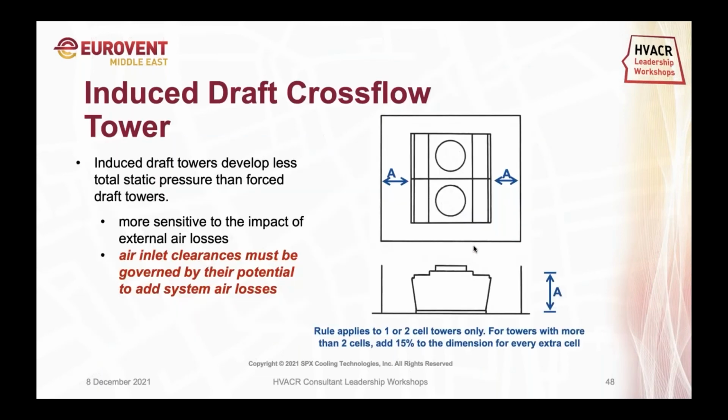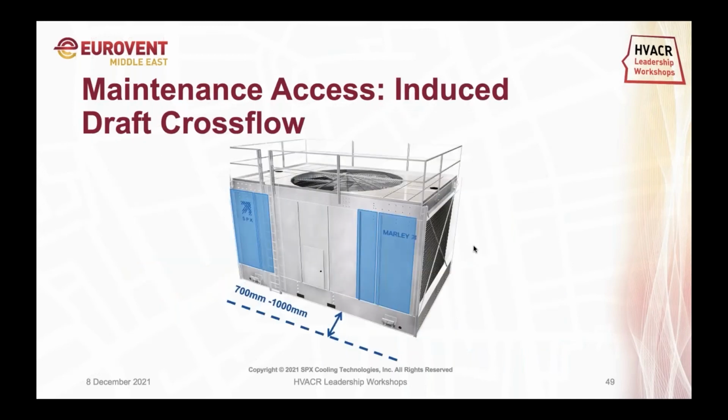Now, the spacing around the cooling tower. Usually, this is also something that needs to be taken into consideration, and those numbers will be there in the selection sheet. Spaces that you need to have for the cooling tower in the cross flow type around the air inlet sides, right? And the maintenance access required. This number can vary depending on the size or the dimensions of the cooling tower.